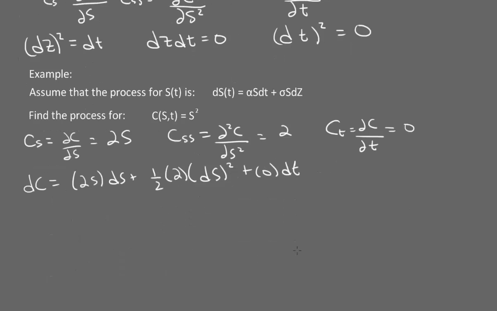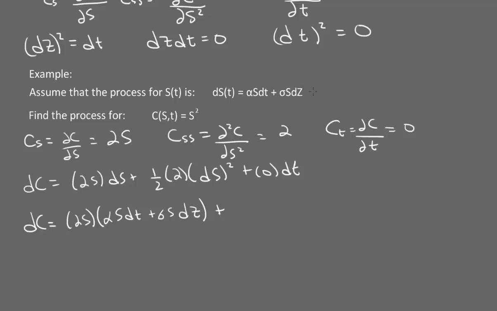So we can simplify this now because we know the process for dS. So dC is equal to 2S multiplied by (alpha S dt plus sigma S dZ) plus, this 2 and 1/2 will cancel, and we get dS squared.